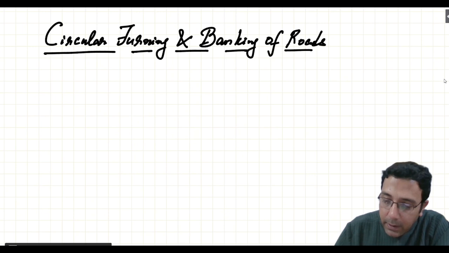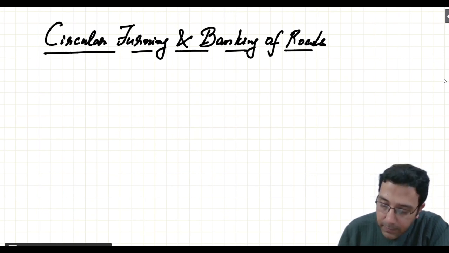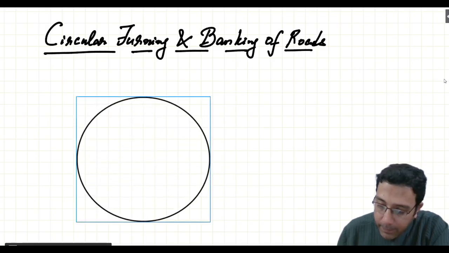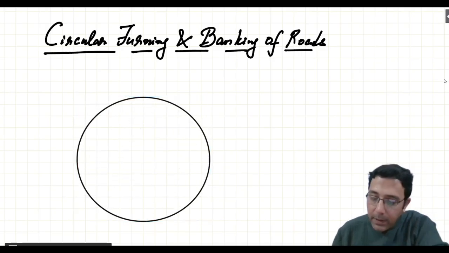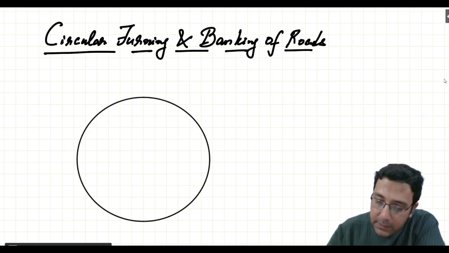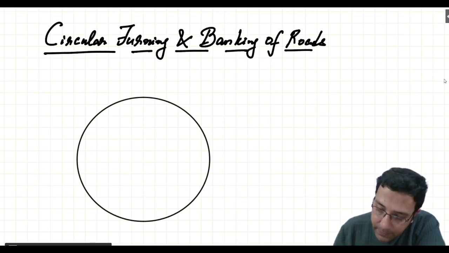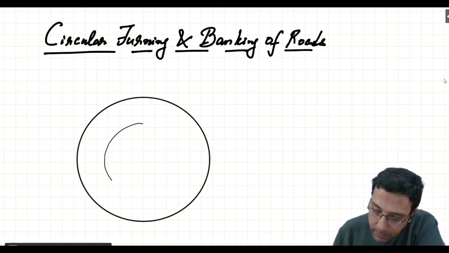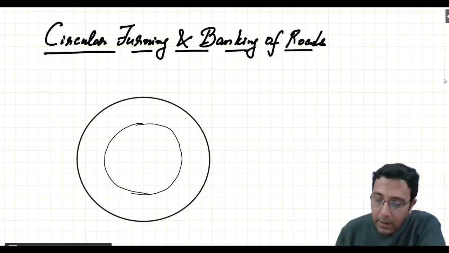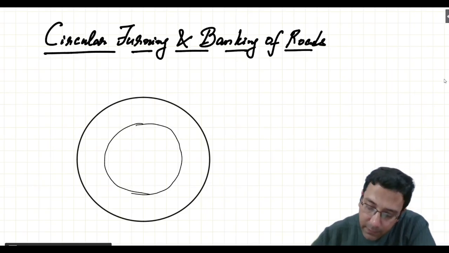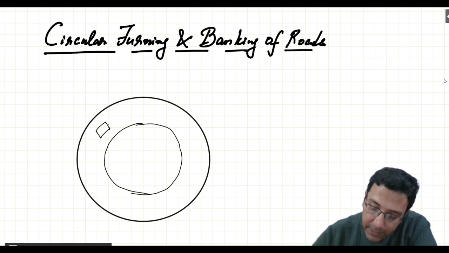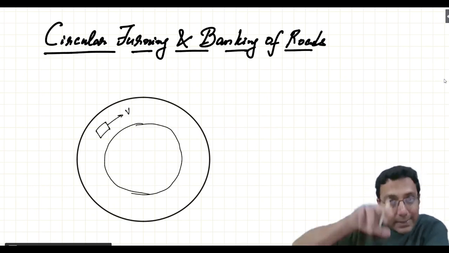Again, let me just draw a circle. Let me draw another path, that is how it is going inside. And there's a vehicle which is going in this path, like the vehicle is going in the circular orbit.